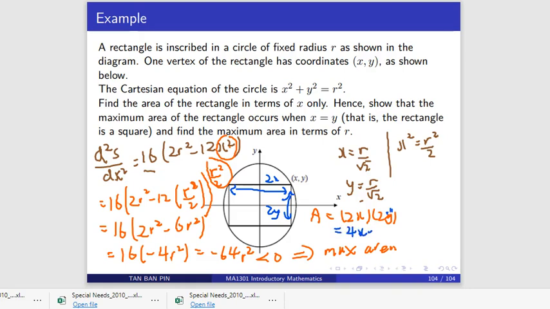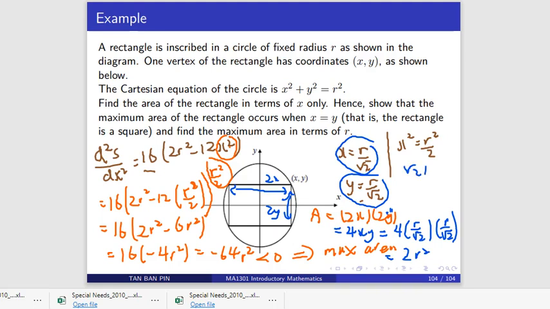So it's 4 bracket, x is r over square root 2, y is r over square root 2, so it's r over square root 2 and another r over square root 2, so it should give you r squared over 2.